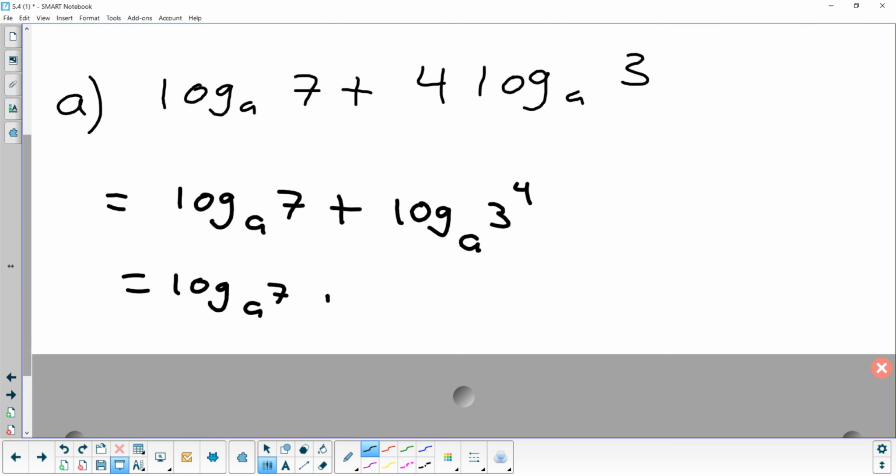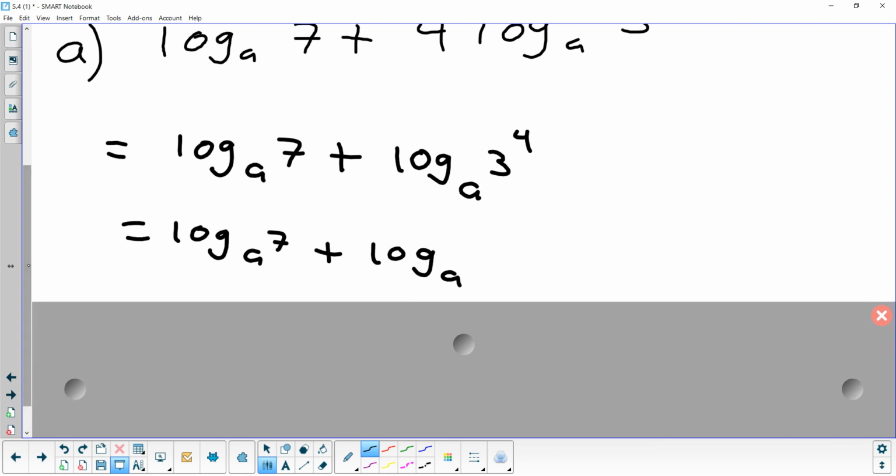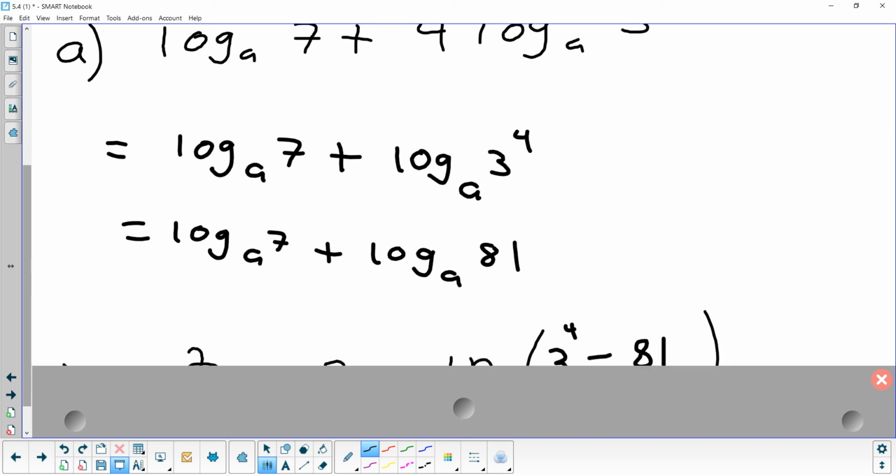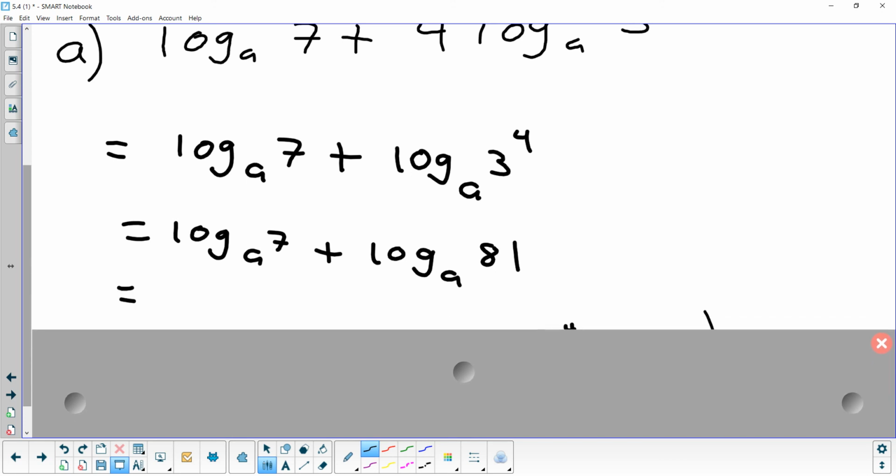Now, we might as well do that out. What's 3 to the 4th power? 81. Now, how are these logs going to combine together? As a product or quotient? It's going to be a product.